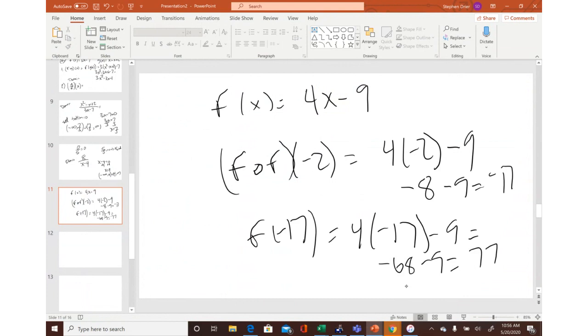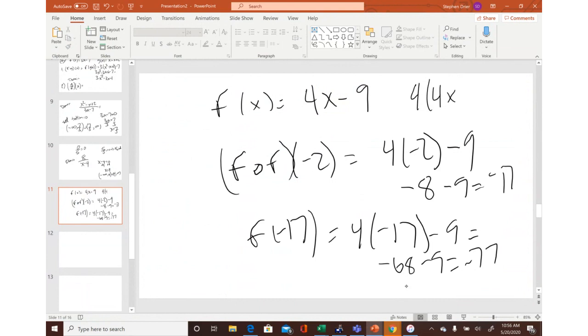Okay, so I got the answer, but I did it backwards. How did you do it? I hope this is okay. I put 4x minus 9 in parentheses and put it into F. So it was 4 multiplied by 4x minus 9, then with minus 9 on the outside.